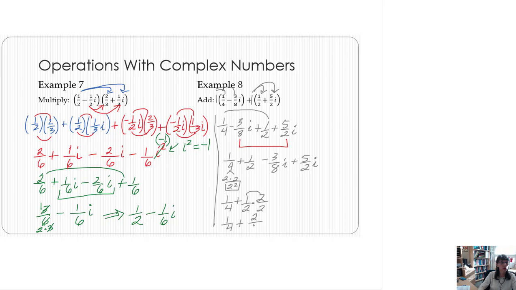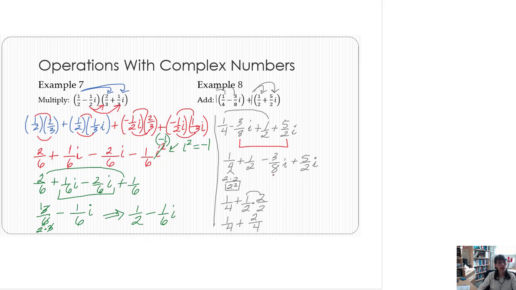Denominator, 2 times 2 is 4. Is 2/4 the same as 1/2? If I divided each of these terms by 2, I would get back to my original term of 1/2. So I know I built it up correctly. But what's nice about this now is I have a common denominator, so in the next step I'll be able to add those. Now let's go back to the complex numbers.